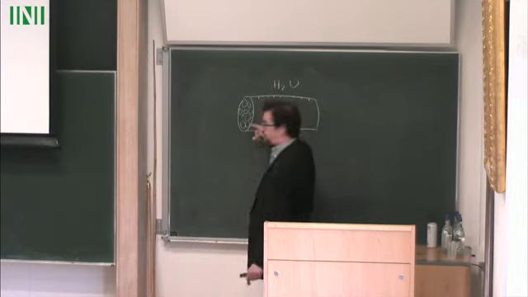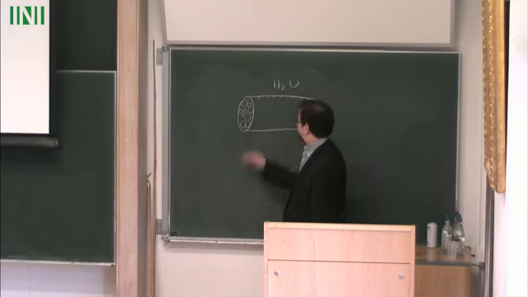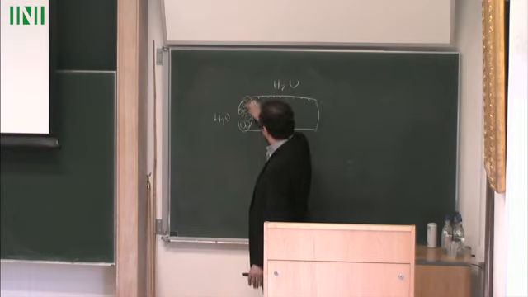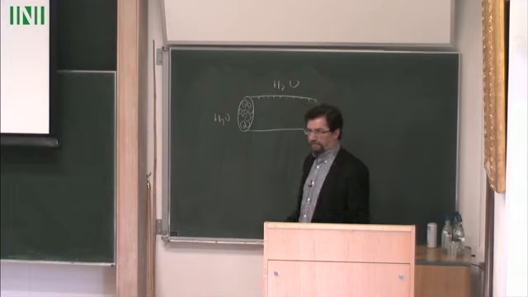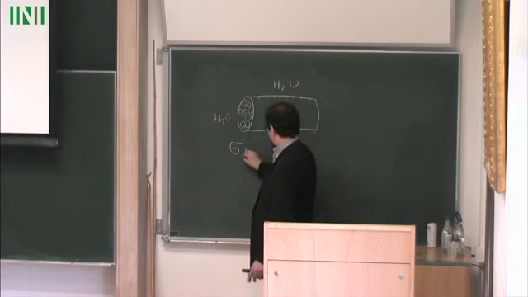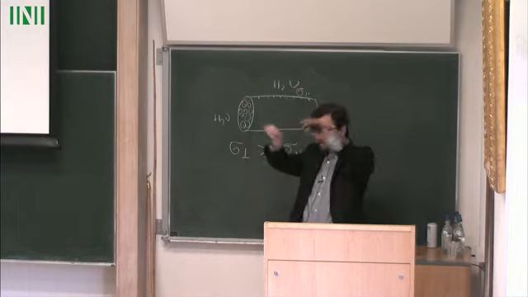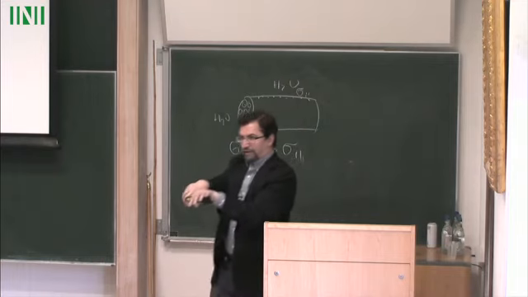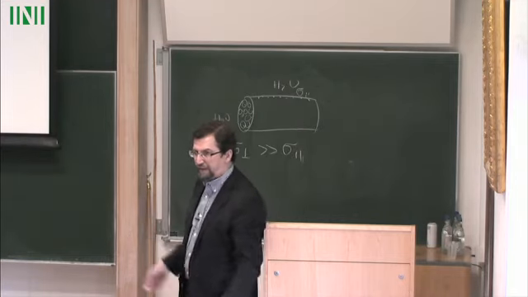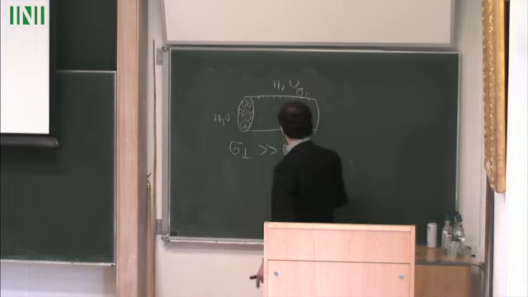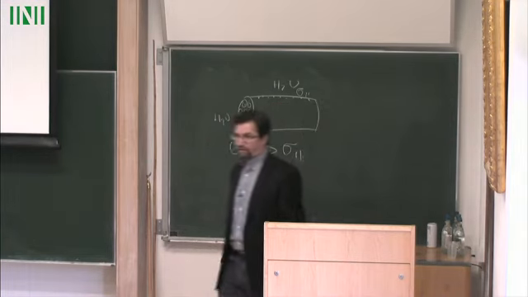But if I create this facet with the polyaromatic cores being exposed to water directly, this is a mostly hydrophobic surface, and sigma here, let's call it perpendicular, is much higher than sigma here. This is why the system, whenever it can, wants to close itself to eliminate this facet and to have only this facet. And because of that, we have the toroidal geometry.